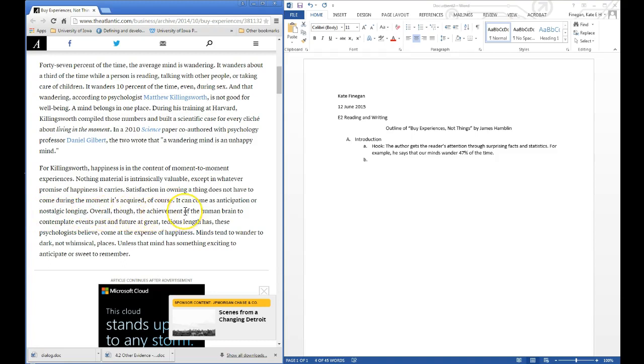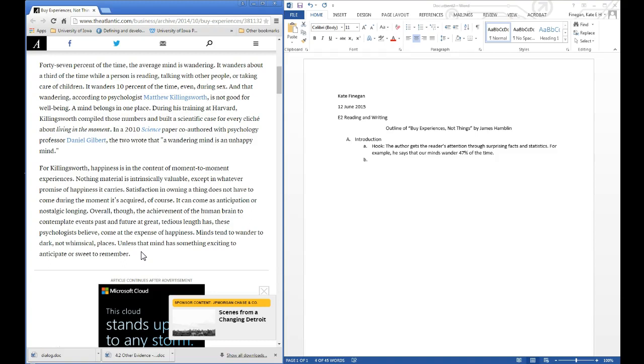Overall, though, the achievement of the human brain to contemplate events past and future at great tedious length has, these psychologists believe, come at the expense of happiness. Minds tend to wander to dark, not whimsical places, unless that mind has something exciting to anticipate or sweet to remember. Okay, so I'm going to keep reading.